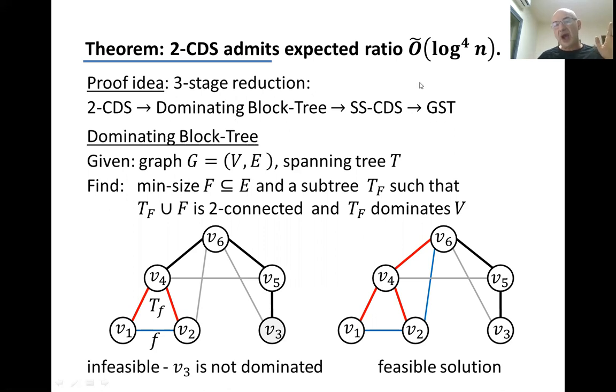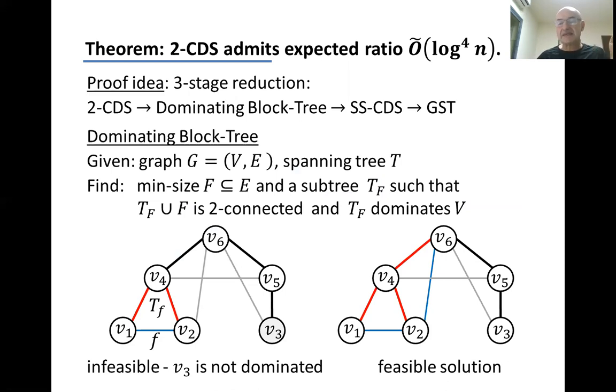So how do you get this ratio log to the 4th? The first step in the reduction from the two connected dominating set problem to the dominating block tree problem invokes a ratio of roughly log n.